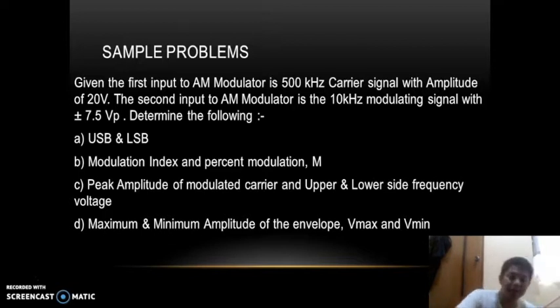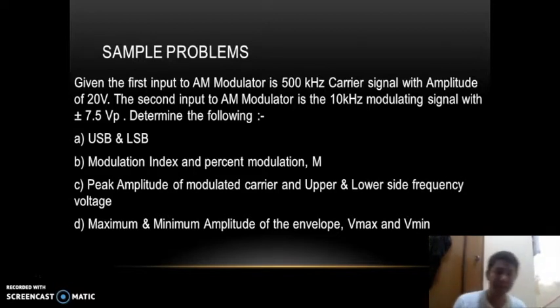Determine the following: the lower sideband and the upper sideband, modulation index and percent modulation, peak amplitude of the modulated carrier, upper and lower side frequency voltage, and lastly, the maximum and minimum amplitude of the envelope, or Vmax and Vmin.